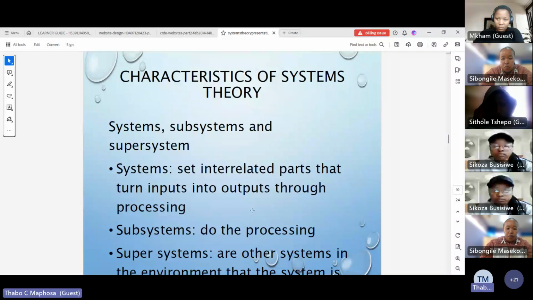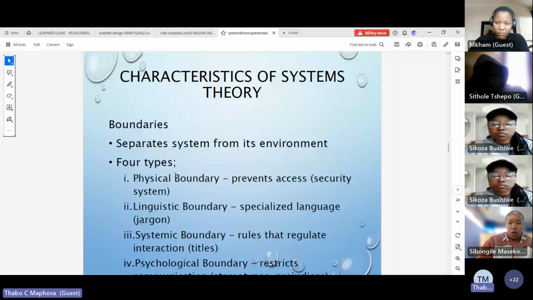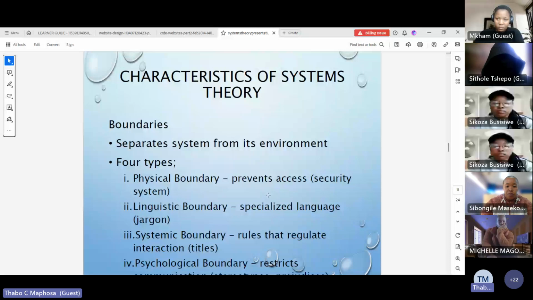And then there are boundaries, which separate the system from its environment. You have four types of boundaries. There is the physical boundary, which prevents access, like the tag you carry around in companies these days. Then there is the linguistic boundary, a specialized language or jargon used in certain environments or structures.